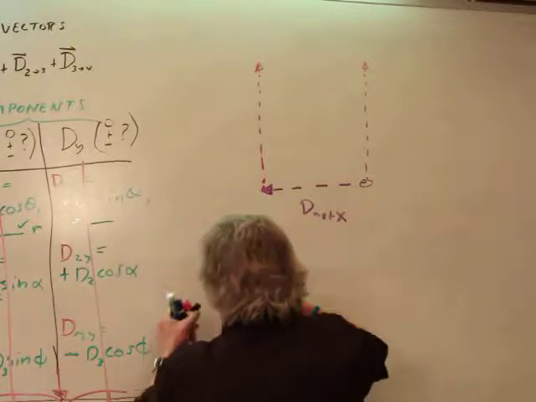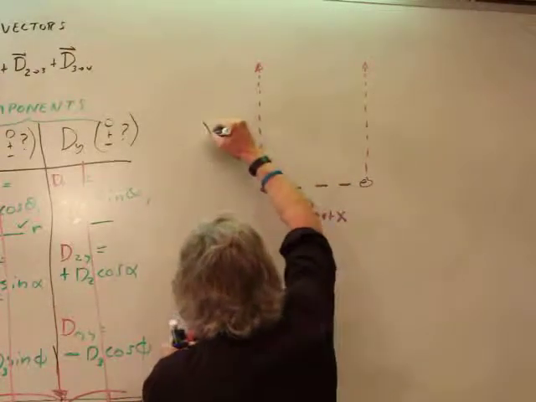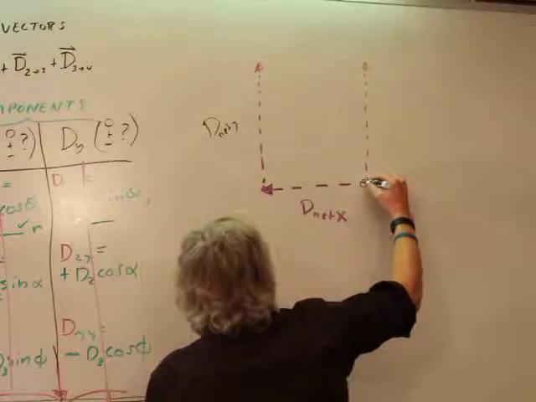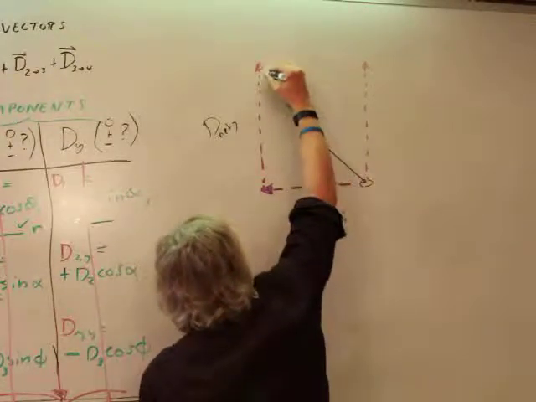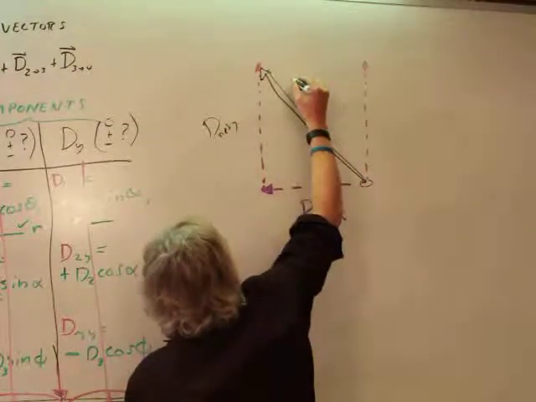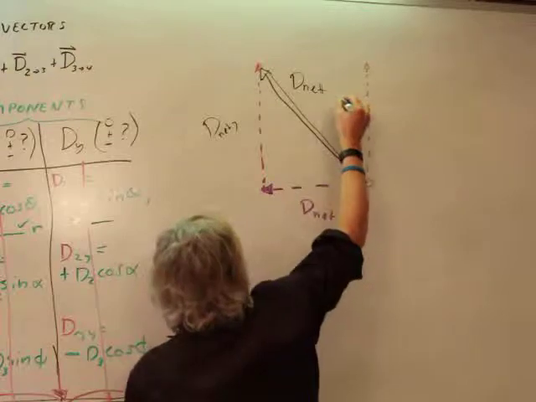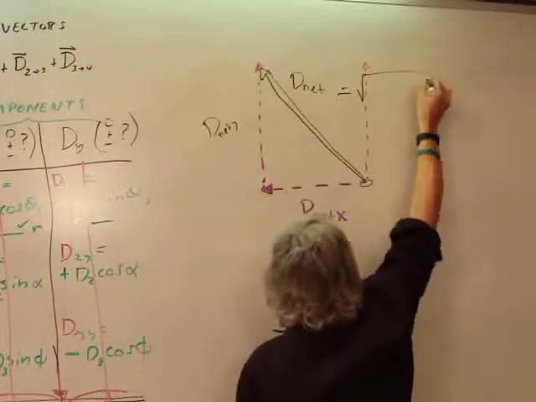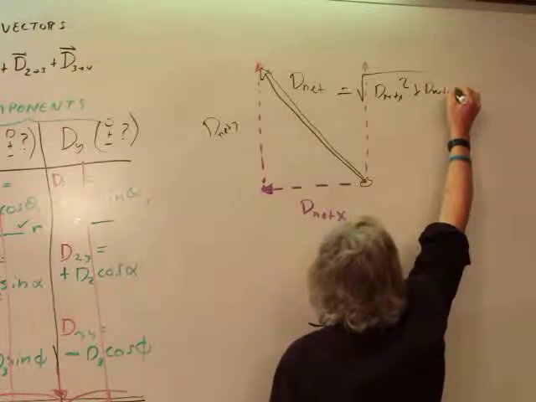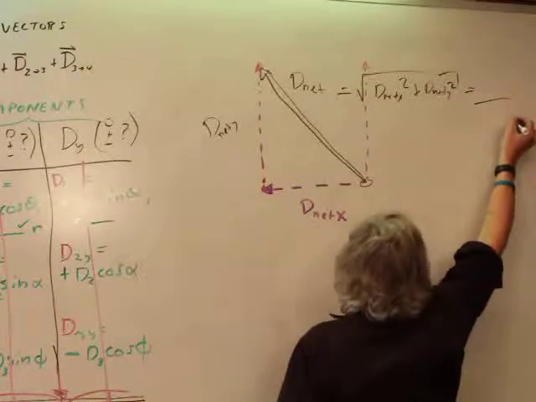From here, I didn't label it, but this is d net y. And so the result, I like to draw as a double arrow, just to emphasize that point. That's d net. How much is that? Oh, it's the square root of d net x squared plus d net y squared equals, don't leave off the units.